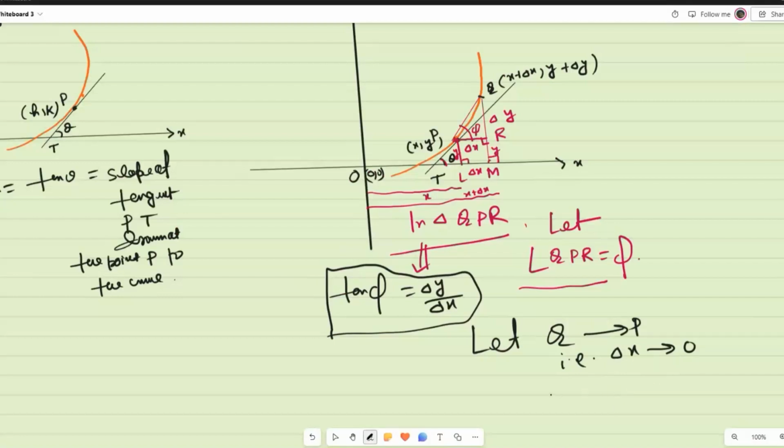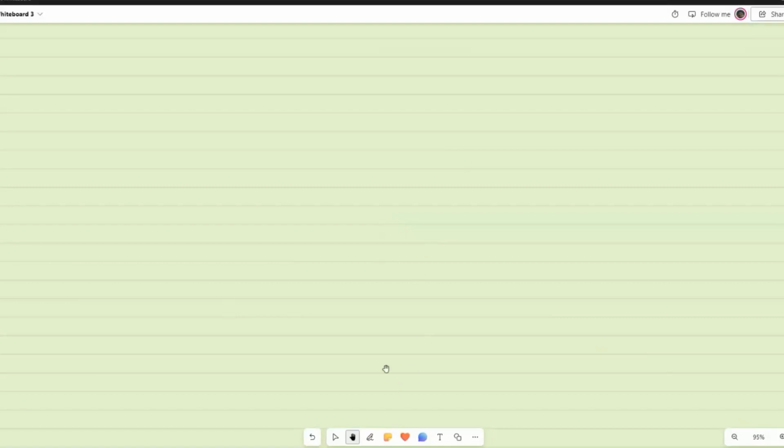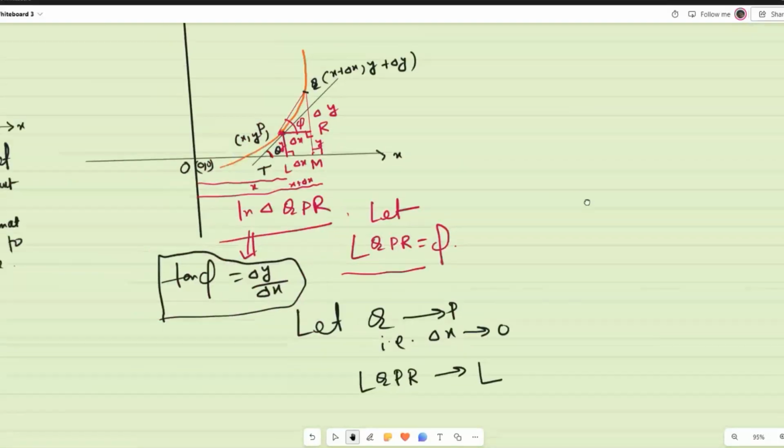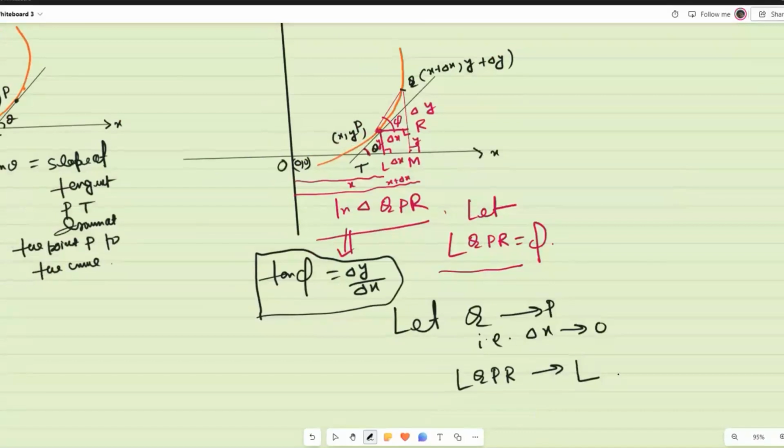Under this condition, angle QPR is tending to angle PTR, that is, phi is tending to be equal to theta.